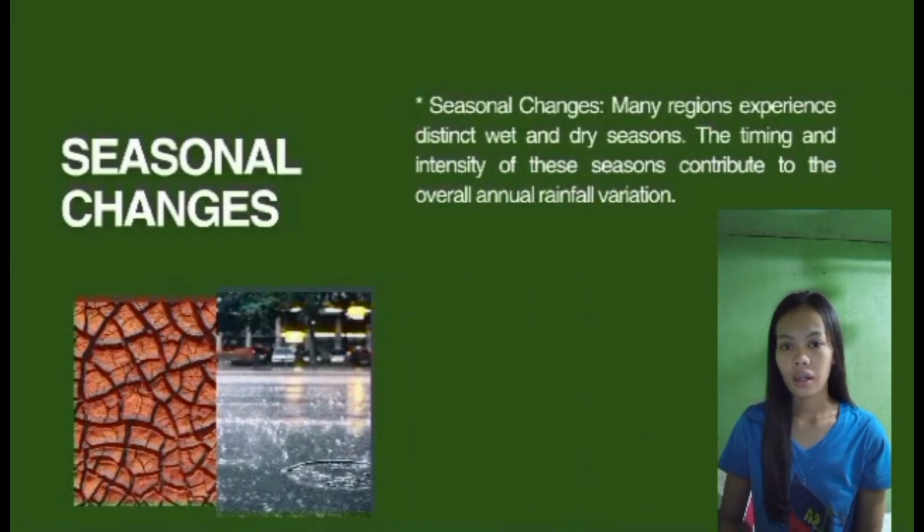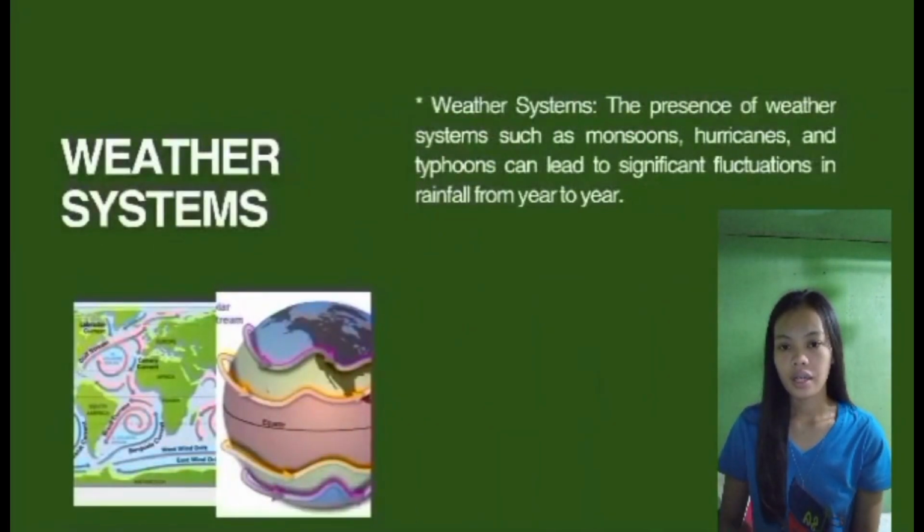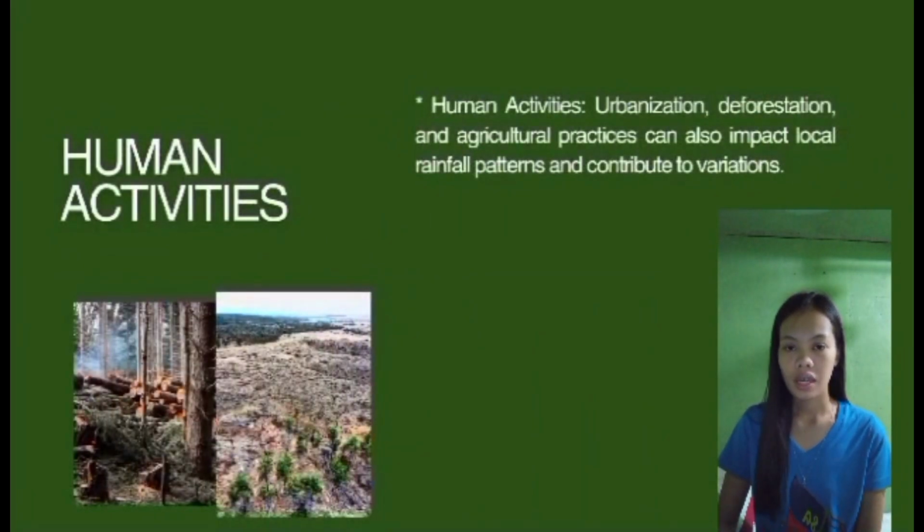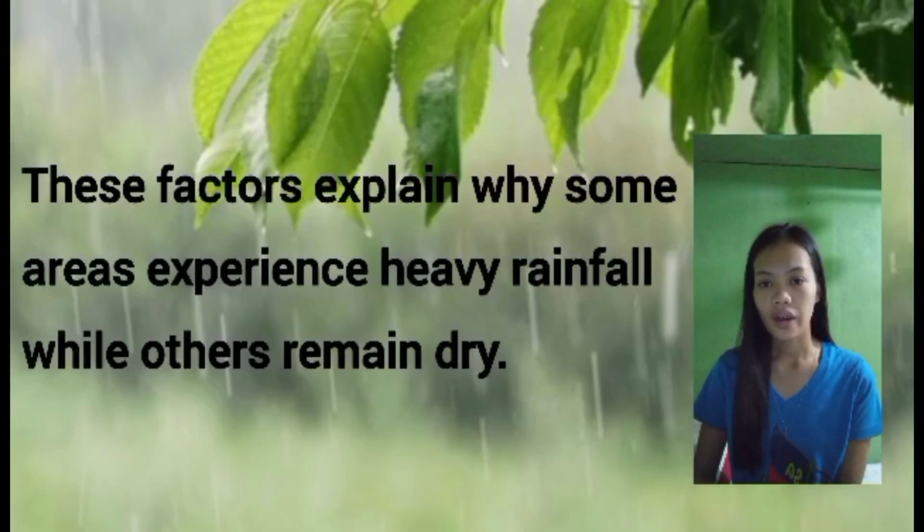In tropical countries, wet and dry seasons create big differences in annual rainfall. Number four is weather systems. Mountains block or enhance rain through orographic lifting. Number five is human activities. Urbanization, deforestation, and agricultural practices can also impact local rainfall patterns and contribute to variation. So these factors explain why some areas experience heavy rainfall while others remain dry.